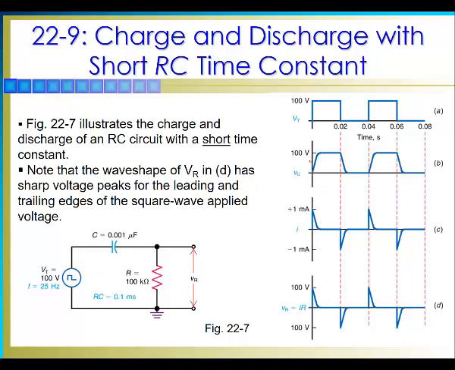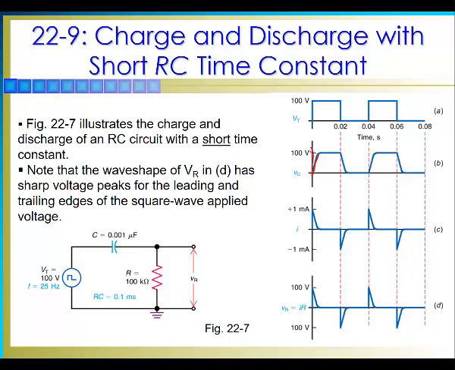So this is how the voltage on the capacitor will behave. When we apply this voltage here, we expect to have 100 volts on the capacitor, right? But it takes a little bit of time for this capacitor to charge. So this right here is the delay.